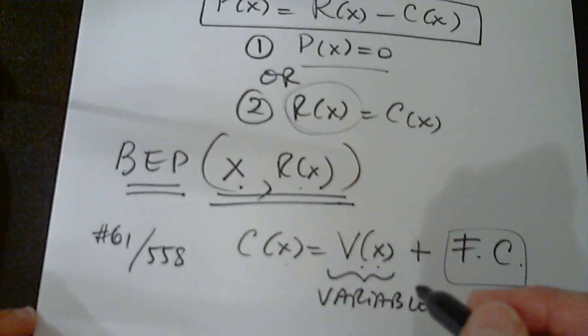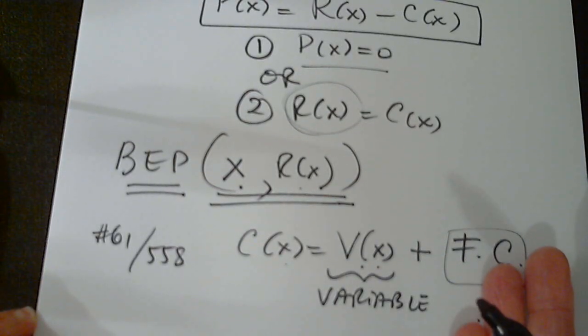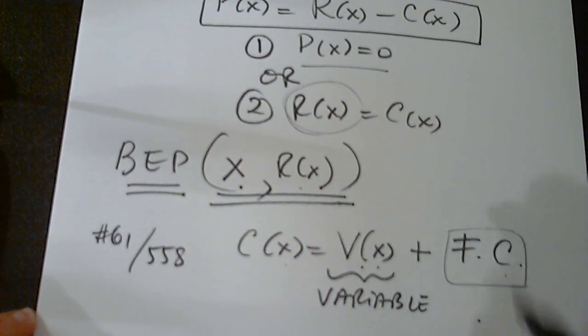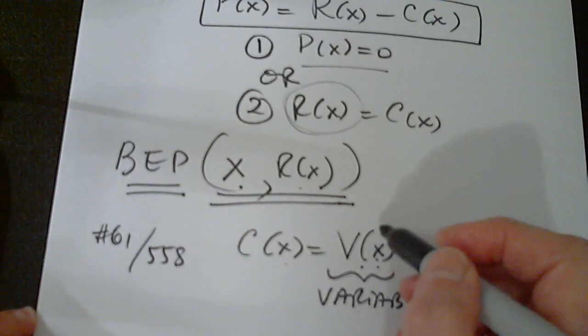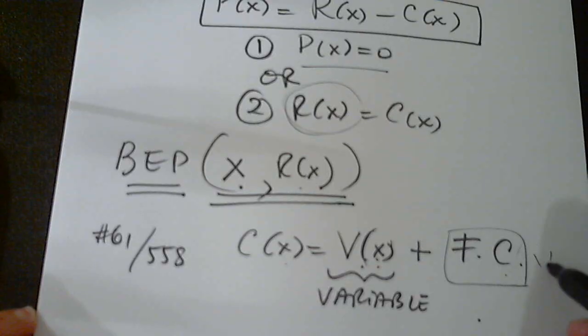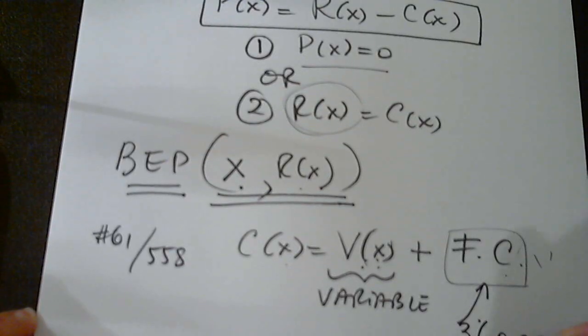We still have to have somebody opening the door in the morning. That is a fixed cost. That does not depend on the number of units we manufacture and resell. So this is the variable cost. It depends on X. This one does not have X. It's fixed. So in this problem, they're telling us that the fixed cost is $36,000.